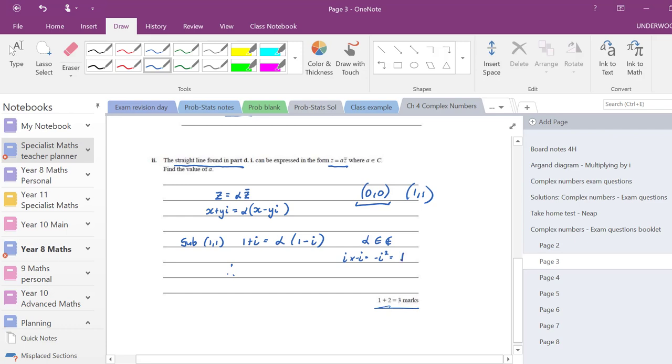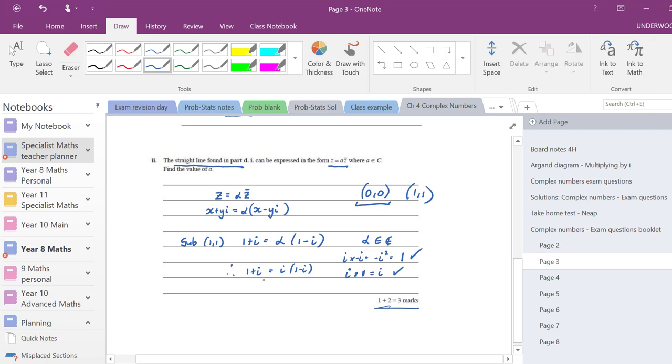Okay, so that works. What about if I do i times 1? That's going to give me i. Notice there that is equal to 1 plus i. So therefore what we can say is if I have 1 plus i, that's equal to the same as if I had i times 1 minus i, like so.